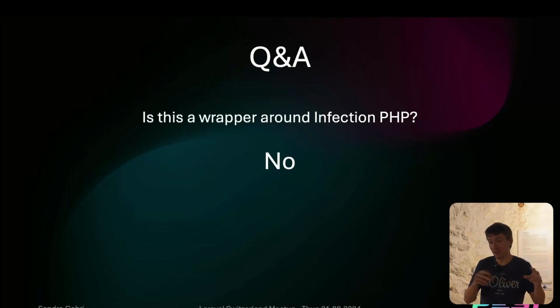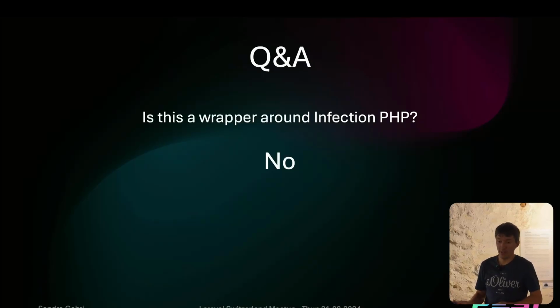It does the same behind the scenes, basically, but it works with PHPSpec or plain PHPUnit and so on. And I want to have it tightly integrated into Pest PHP, and this wouldn't have been possible with Infection PHP. So I decided to create a new framework.